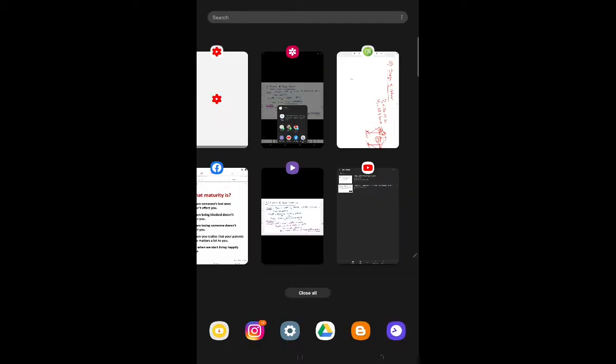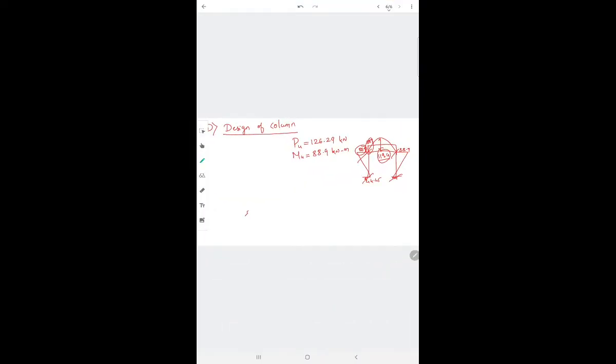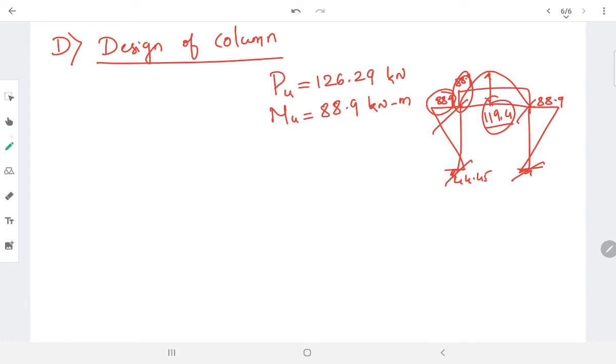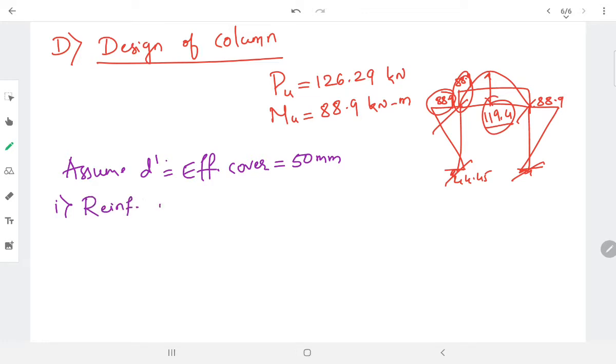So assume D dash equals effective cover. Effective cover for column, here I have taken 50 mm. First one, reinforcement is on all sides, all four sides of the column.